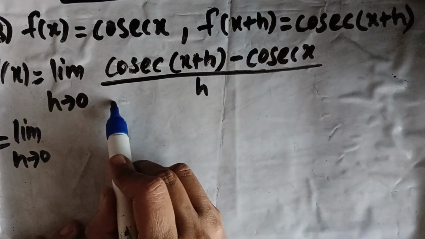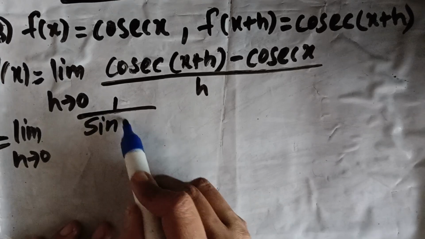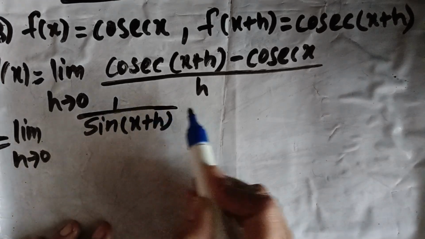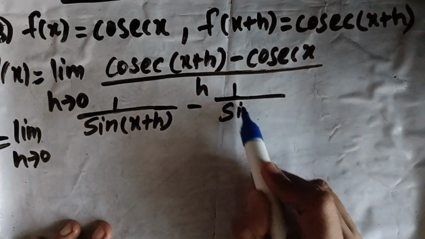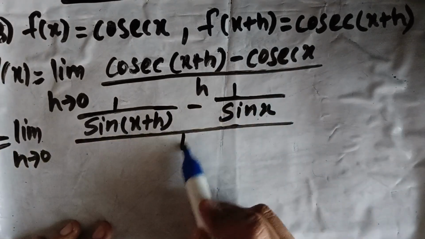Cosec of x plus h is 1 upon sin of x plus h, minus 1 upon sin of x.